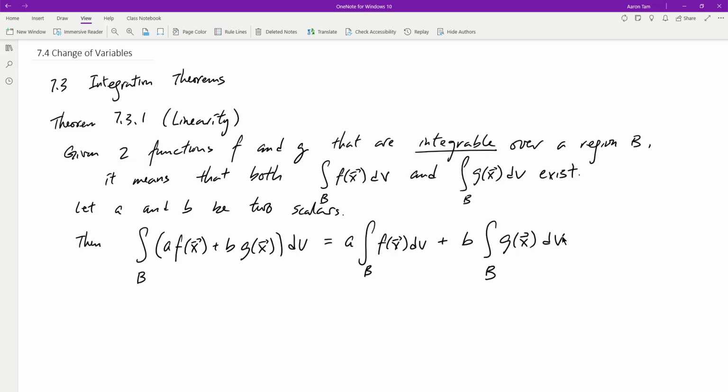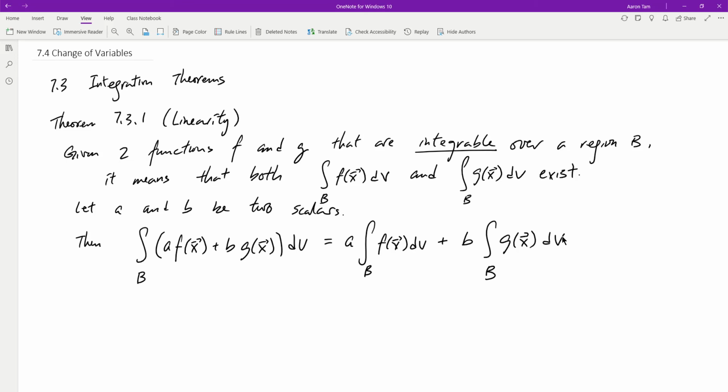Sometimes students don't understand why this operation is important, because, as I mentioned before when we did chapter 1, a lot of these properties that we know in math are important because they allow us to override an order of operation. In here, on the left side, you have to combine the function f and function g with the coefficients a and b, then you integrate.